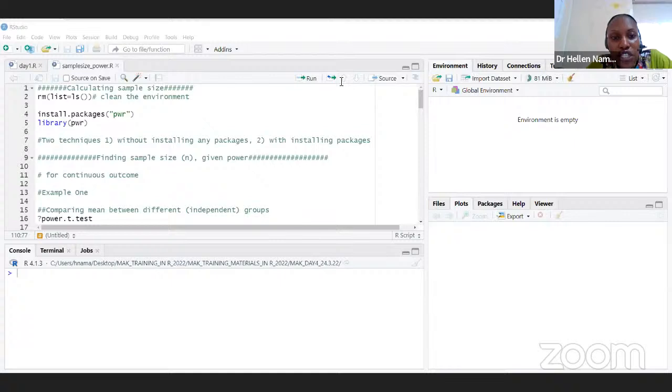So let me check in the chat. Have you been able to install the PWR package? Okay, Mona is saying done. Wycliffe, yes. Adam, okay. Andrew, yes. Please install. After installing, use library, then in brackets put PWR, such that you load it.